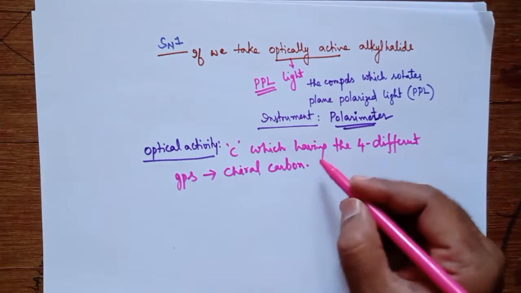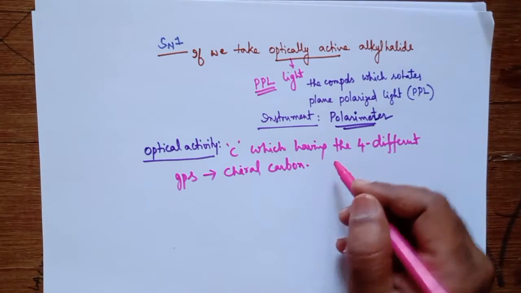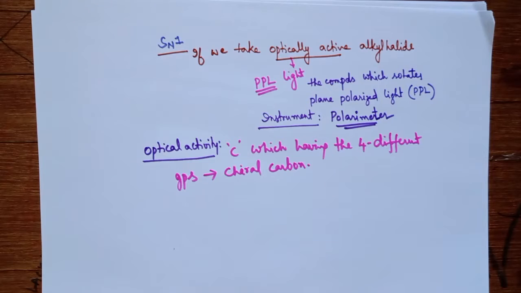It is not symmetric, right? So the carbon which has four different groups, we generally call a chiral carbon.